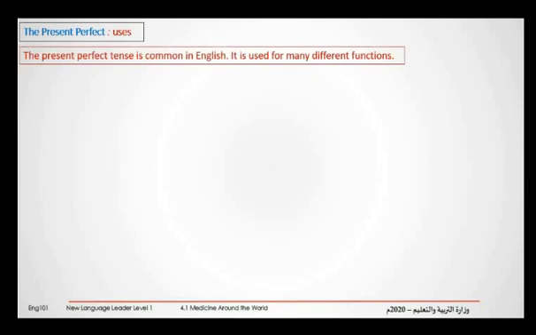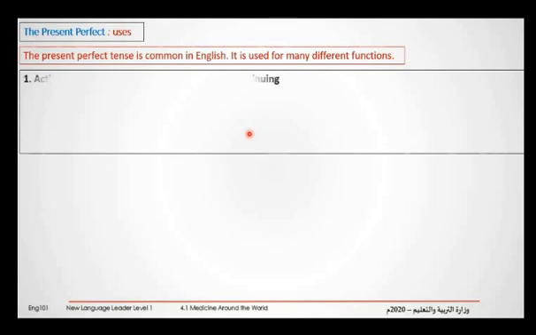Now, what are the present perfect uses? The present perfect tense is common in English. It is used for many different functions. Number one, actions which started in the past and are still continuing.